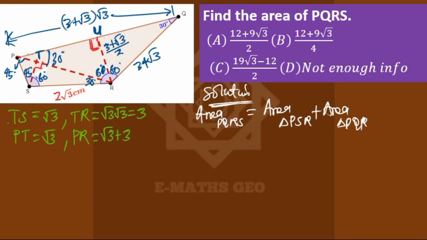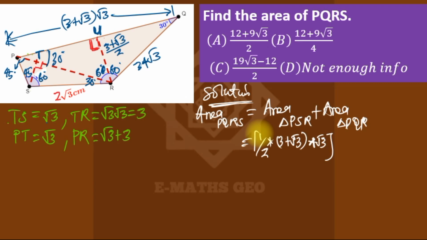So let's now finish up the solution. From here, look at triangle PSR. The area is half the base. Our base is PR, and PR is 3 plus root 3, while the height is ST, which is TS, which is root 3.